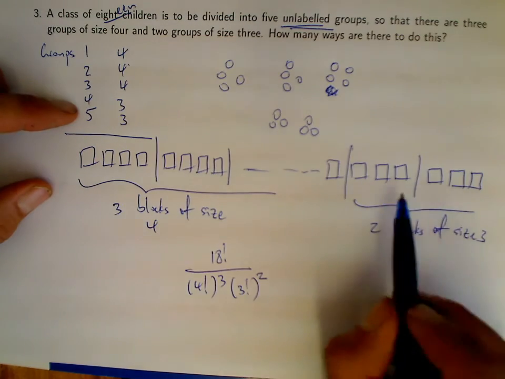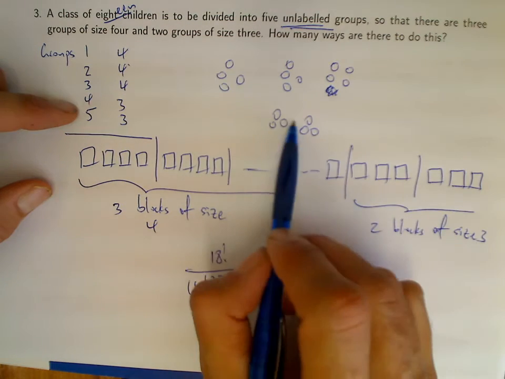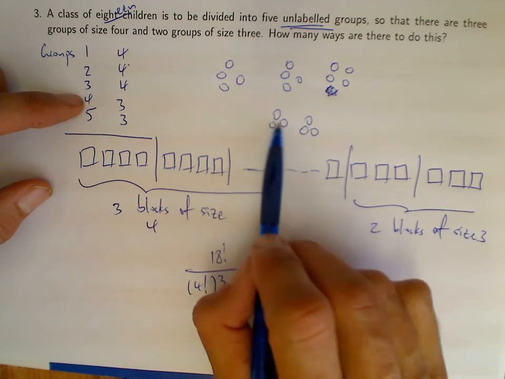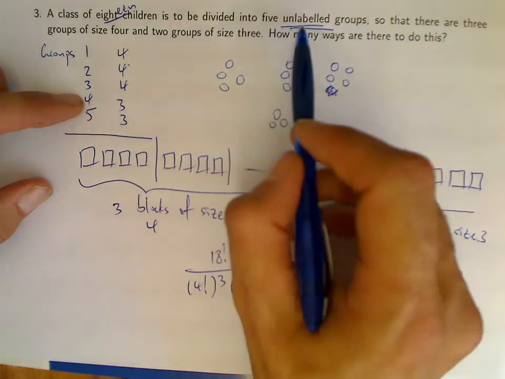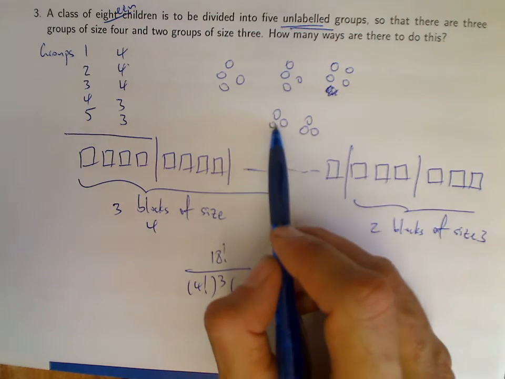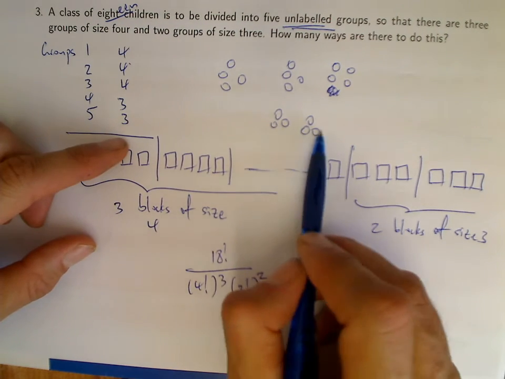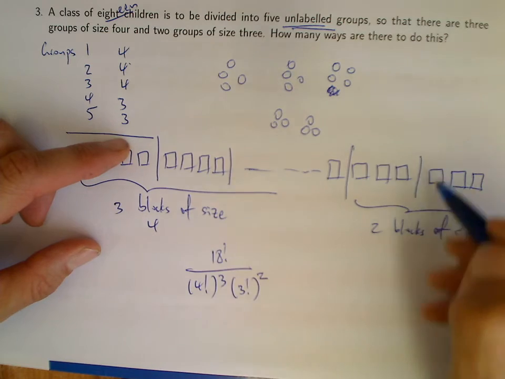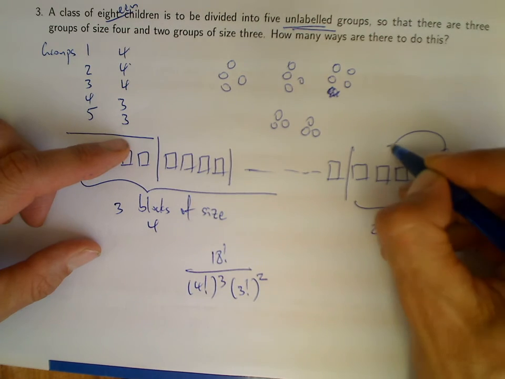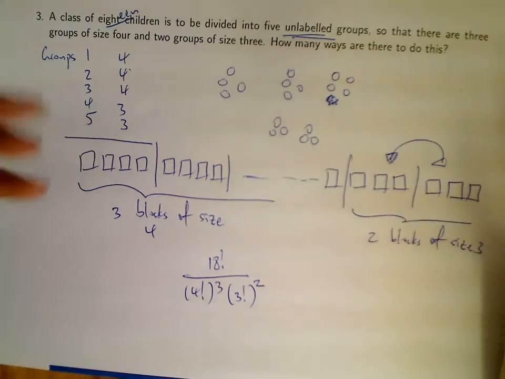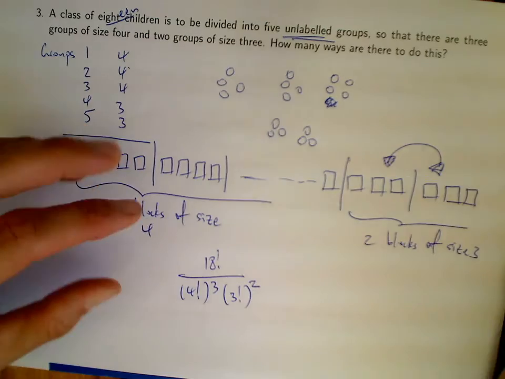But then, because the groups are unlabeled, we can't say which of these last 2 groups is group 4 and which is group 5. If I swap the order of these 2 groups, I get the same division of the children into groups.